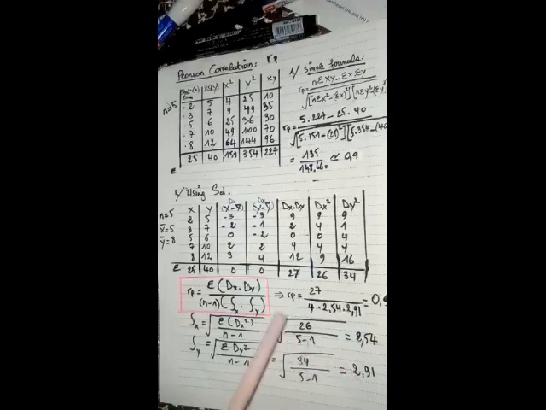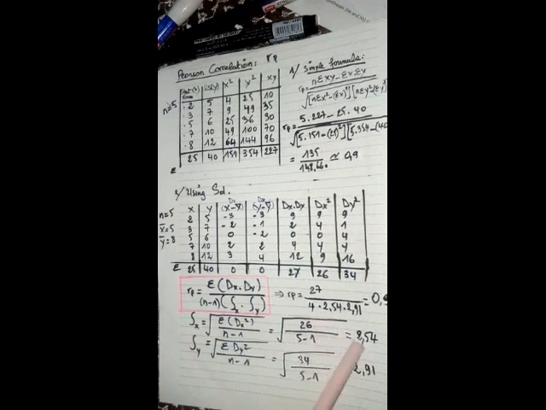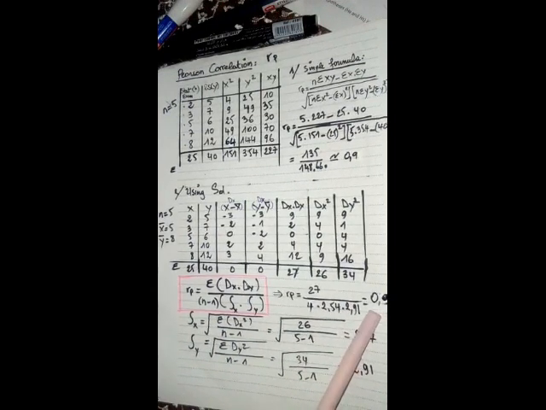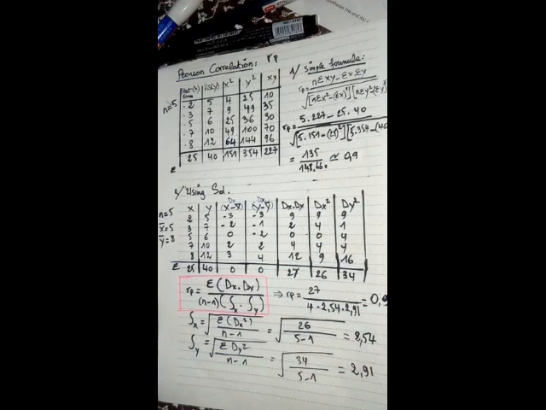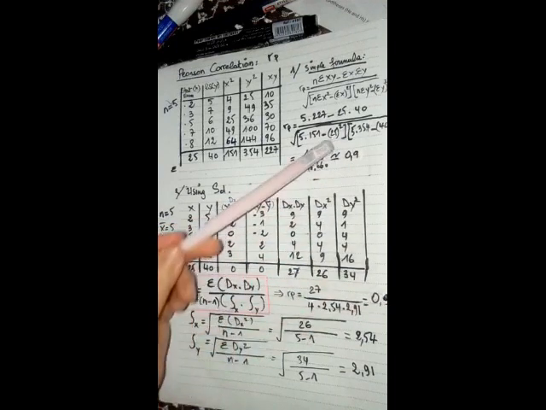So here is the sum of dx times dy. We put it in here, then divided by 4, which is n minus 1, 5 minus 1, multiplied by the standard deviation of x and the standard deviation of y, and you will have the Rp, which equals again 0.9. Here is the same result.